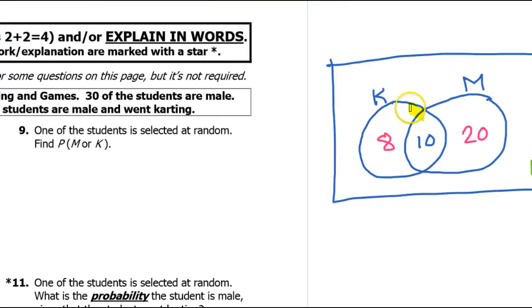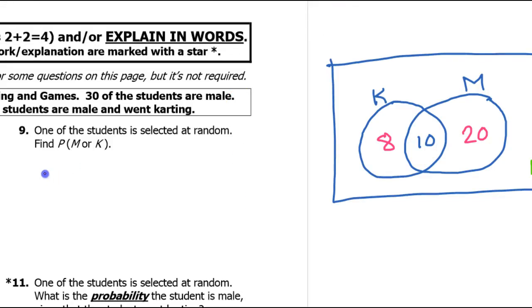So if we're talking male or went karting, we're talking about all of these numbers in both circles, all right? If I were to shade it, it would look like this. This is male or went karting. All right, if I add all of these numbers up, that's 38.